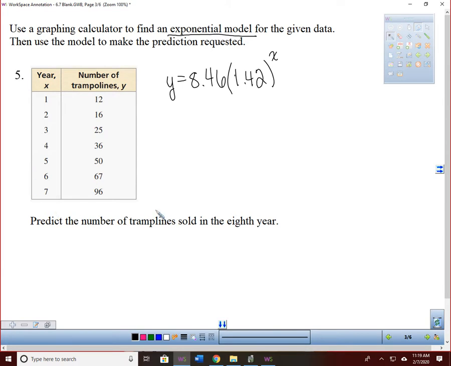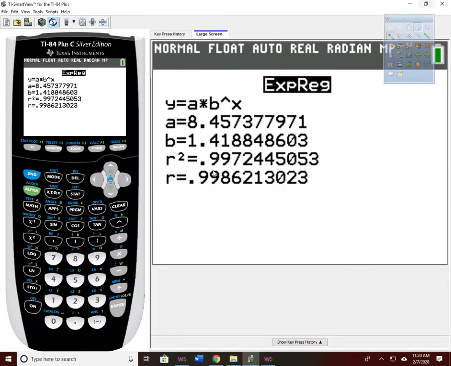Then it says predict the number of trampolines sold in the 8th year. Well, the number of trampolines is the y. So I'm literally going to take and plug in for x. It says the 8th year, so I'm going to plug an 8 in for this x. And I can just plug that into my calculator. All right, so I'm going to quit this second mode.